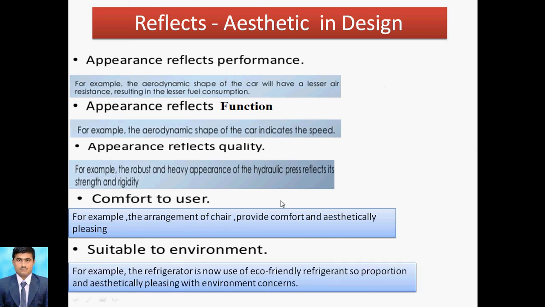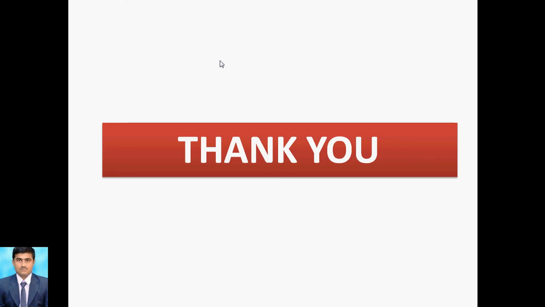Nowadays the refrigerator has become eco-friendly, because you can use an eco-friendly refrigerant, so it can be aesthetically pleasing with environmental concerns. So this is regarding the reflection done by aesthetic views. In this session we discussed the consideration of aesthetics as well as aspects of consideration of aesthetics. So thank you.